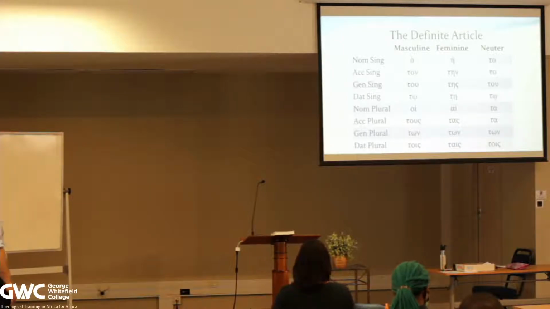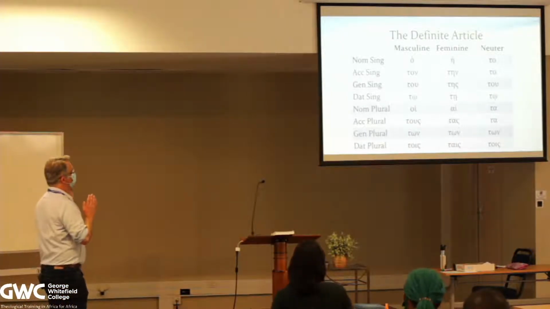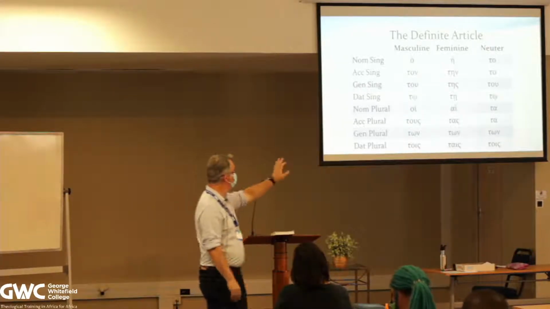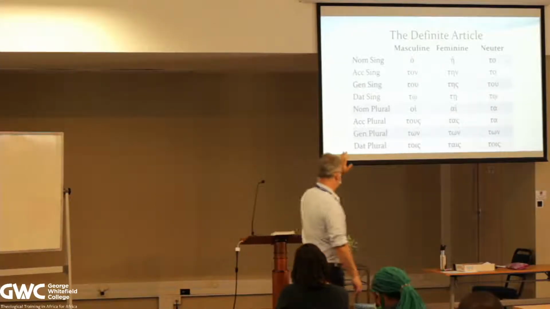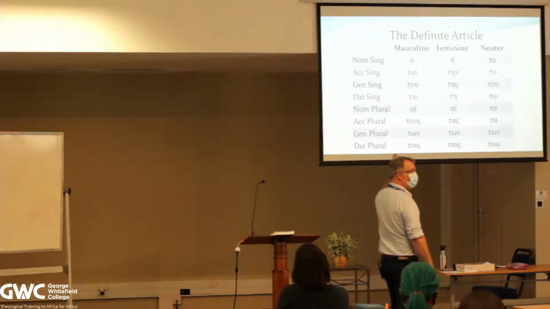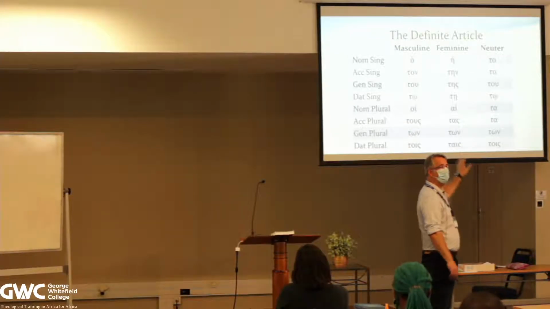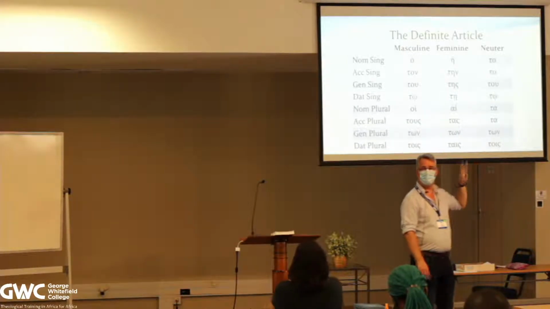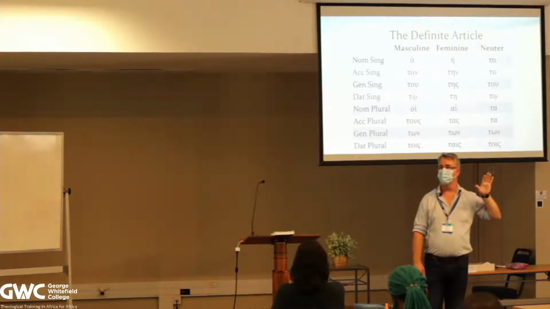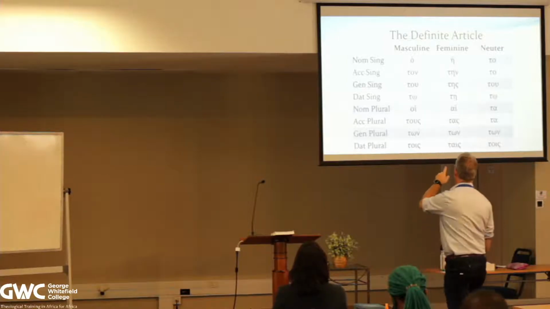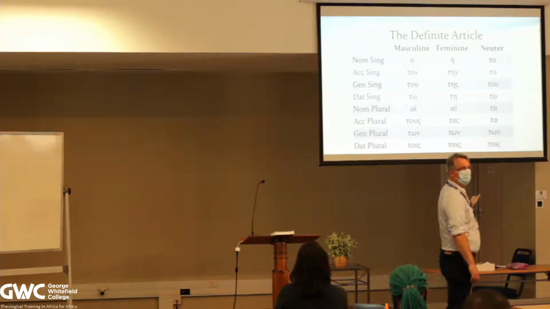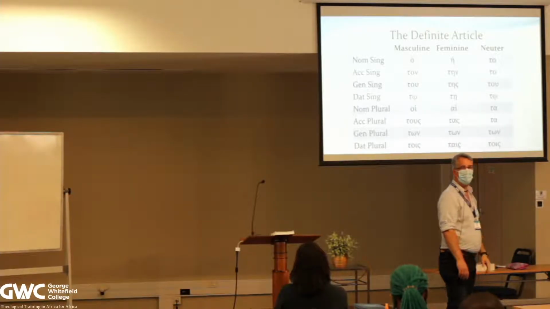Which is why I want you to learn the article. This article paradigm is so powerful. It gives you so much information. This is your friend. Know it, love it, learn it. If you've got this, then you've basically got logos down pat, and archē given to you for free, and ergon given to you as well.